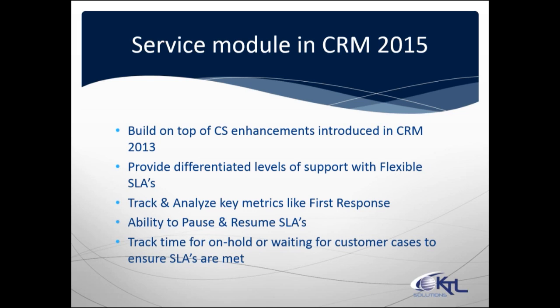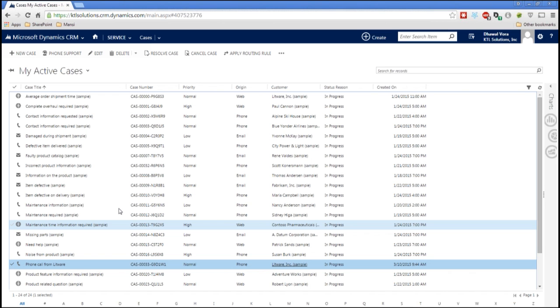And so again, I'll just briefly show those in Dynamics CRM. Again, here you have cases. In this case these are the sample data. Those cases are for products or for services.